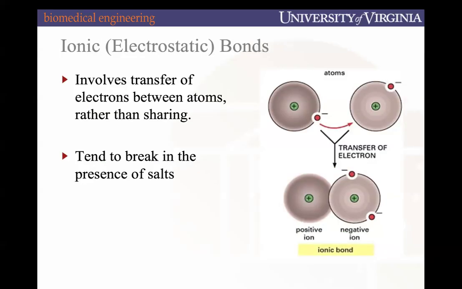Another form of bond is ionic bonds. It's a strong electrostatic interaction that involves the transferring of electrons between atoms.